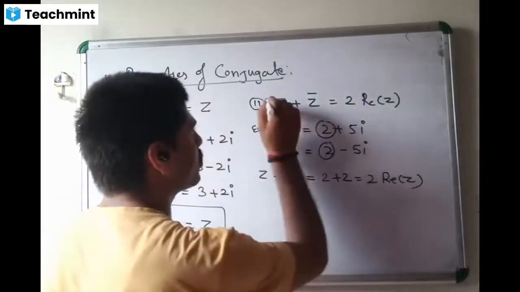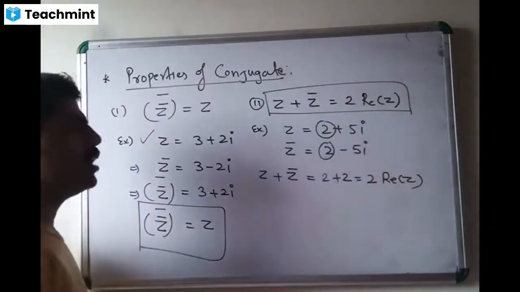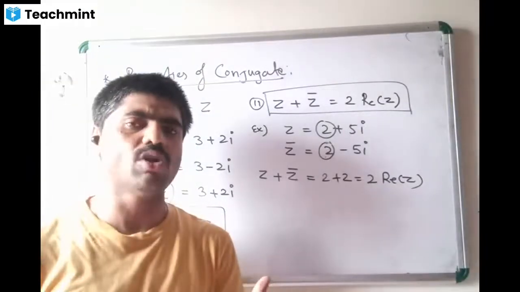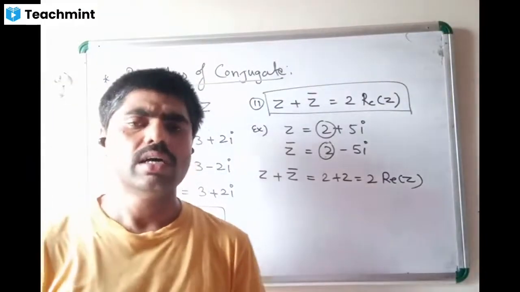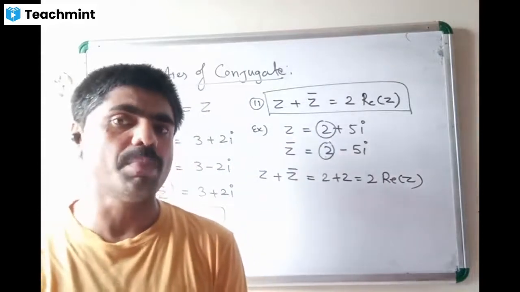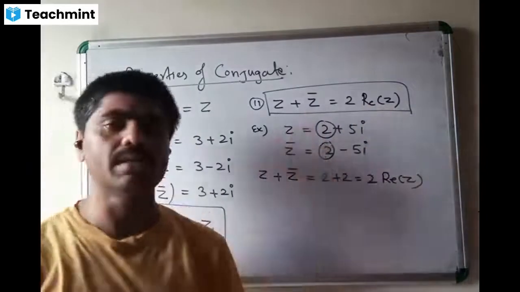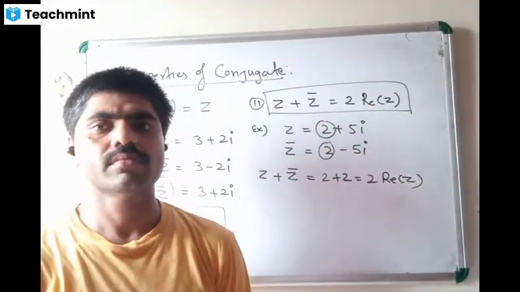So 2 into the real part. This property is verified. If you have a complex number and add it to its conjugate, you get 2 times the real part of the given complex number.